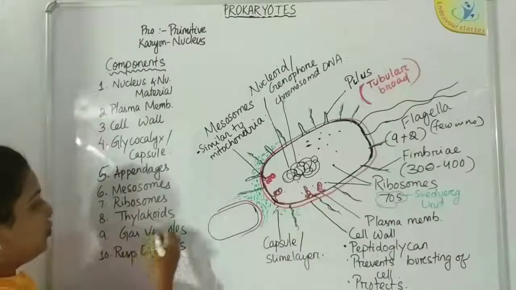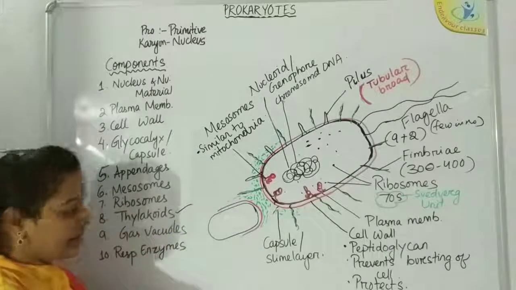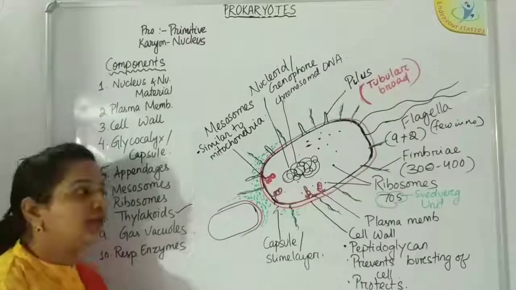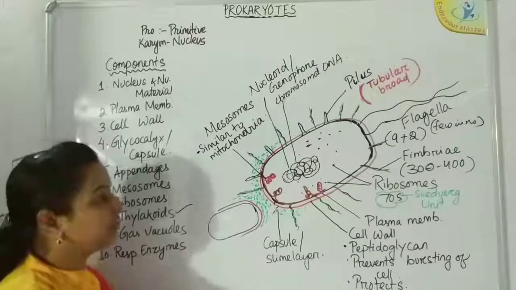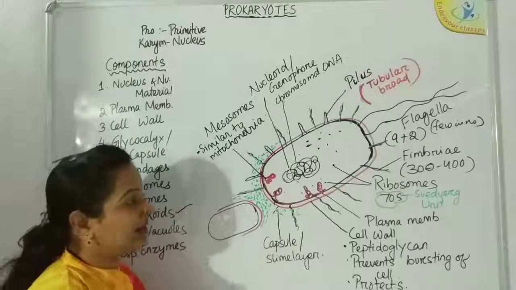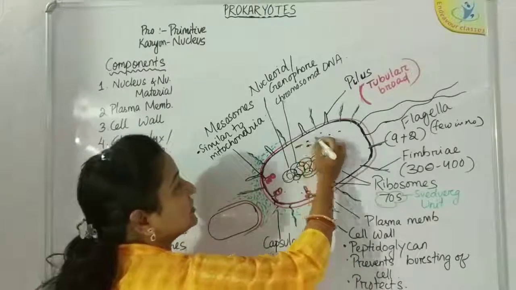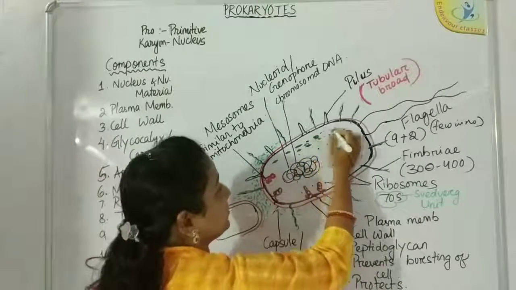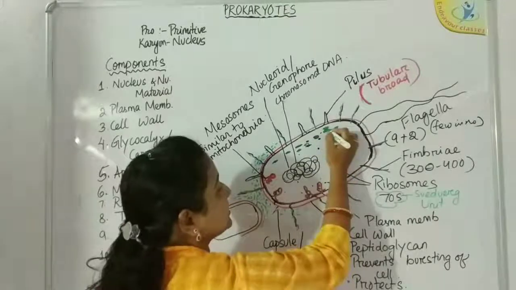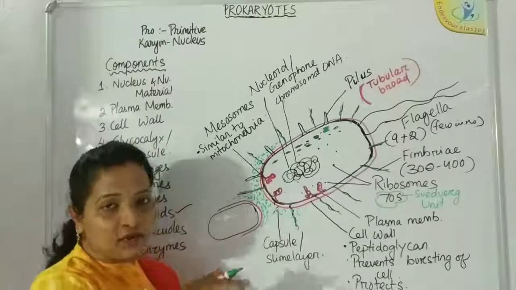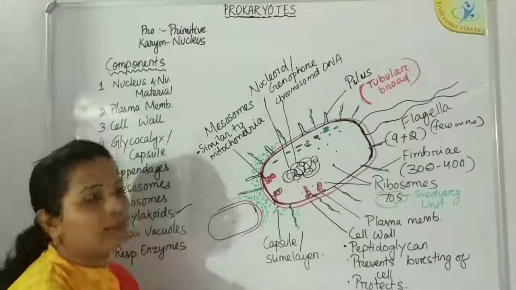Next, we'll move to the thylakoids. In some photoautotrophic prokaryotes, for example blue-green algae and some photoautotrophic bacteria, thylakoids are present scattered in the cytoplasm. In eukaryotic plant cells, the thylakoids are organized inside the chloroplast.